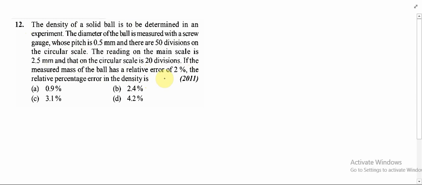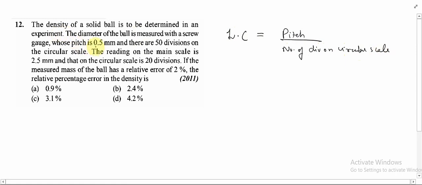If the measured mass of the ball has a relative error of 2%, the relative percentage error in the density is. Okay, so in this question, let's first find out the least count of the measuring device. The least count of the screw gauge is given by pitch divided by number of divisions on the circular scale. Pitch is 0.5 millimeter and number of divisions on circular scale is 50.